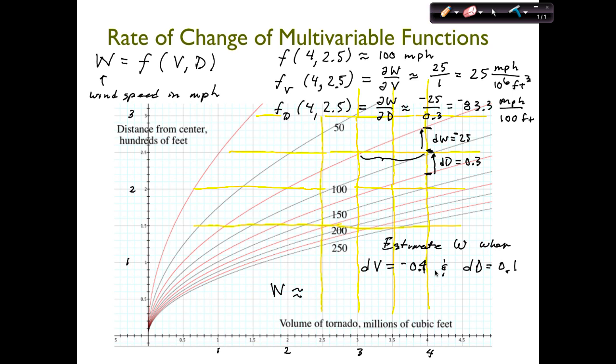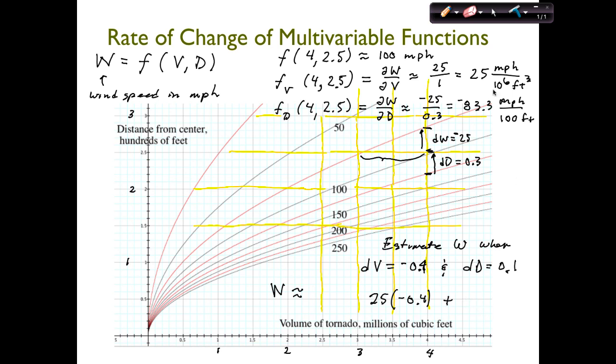Okay, so just keep the noise down so I can hear David. So you want to do what? Right. What does this mean? This partial derivative means given any change in volume, the resulting change in wind speed is 25 times the change in volume.